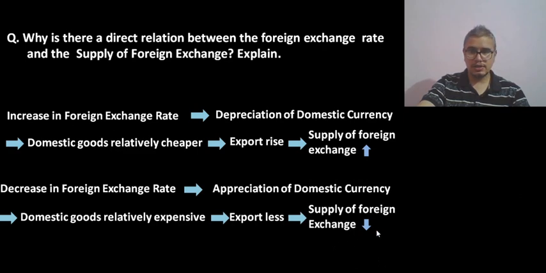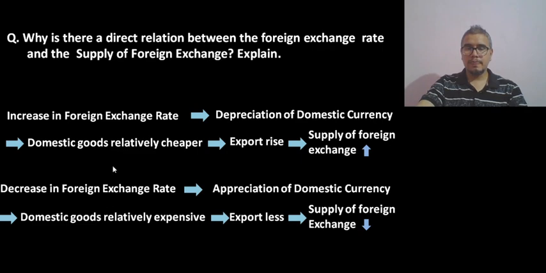Now if we see the last part of the flow chart and the first part of the flow chart, we can easily draw a conclusion that whenever there is a decrease in the foreign exchange rate, the supply of foreign exchange will also decrease. And whenever there is an increase in the foreign exchange rate, the supply of foreign exchange will also increase.